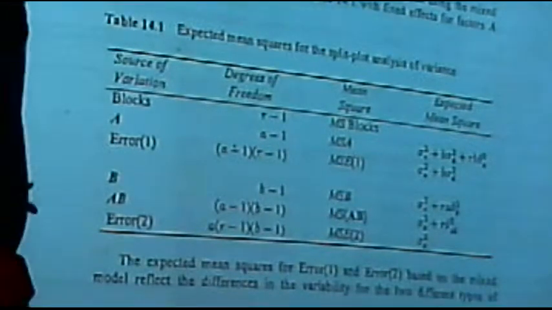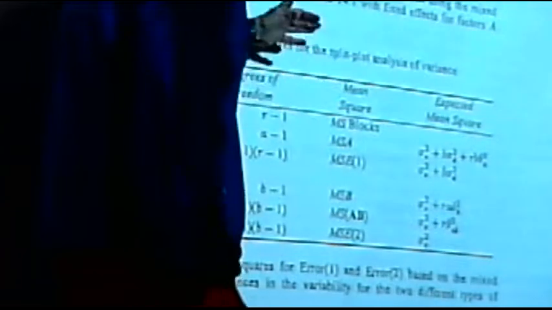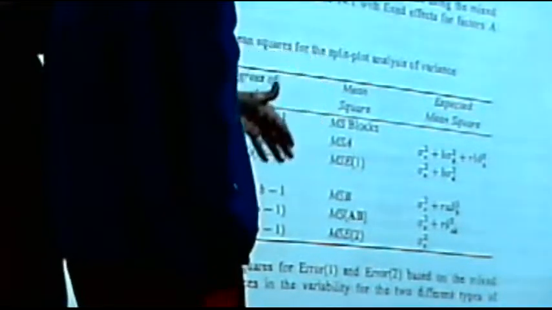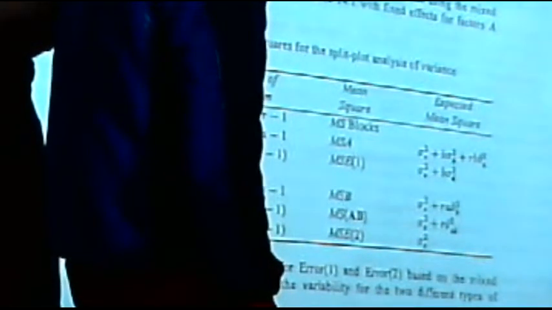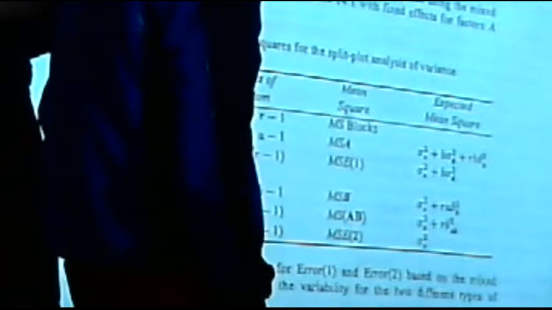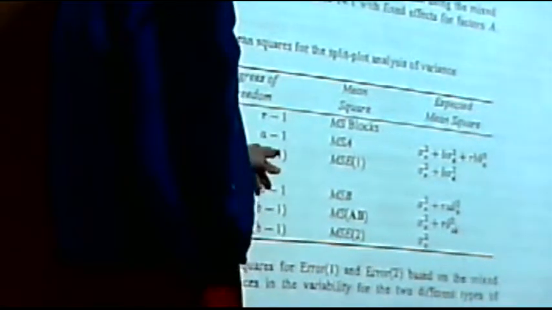There's two errors. There's error 1 and there's error 2. Error 2 comes from the split plots, error 1 comes from the whole plots. And so they have in this table nicely laid out expected mean squares and so forth. But the thing that I wanted to mention is that if you want to use this error 1, notice this agrees true.